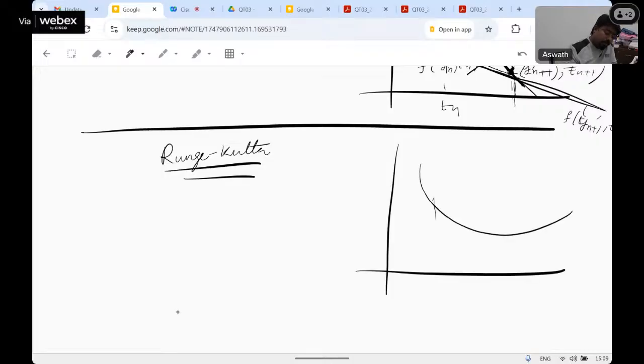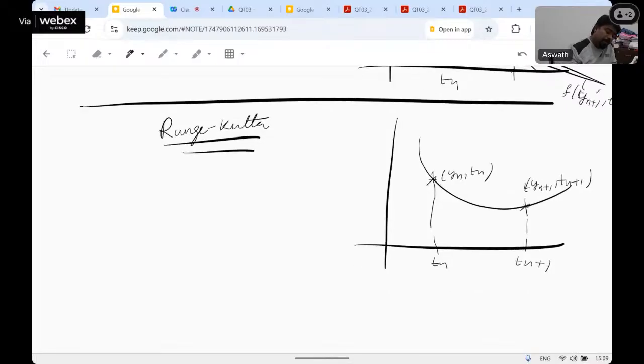Knowing the old solution at the old point, this is y n comma t n, I want to find y n plus 1 comma t n plus 1. What they said is, use the Euler method, find a new point, and just like Cramer, drop a slope there and take that slope.